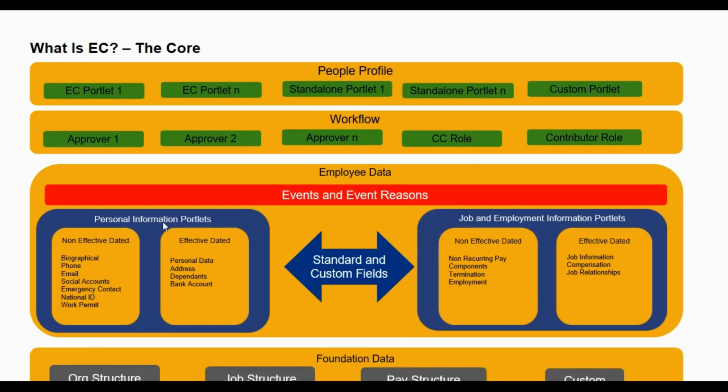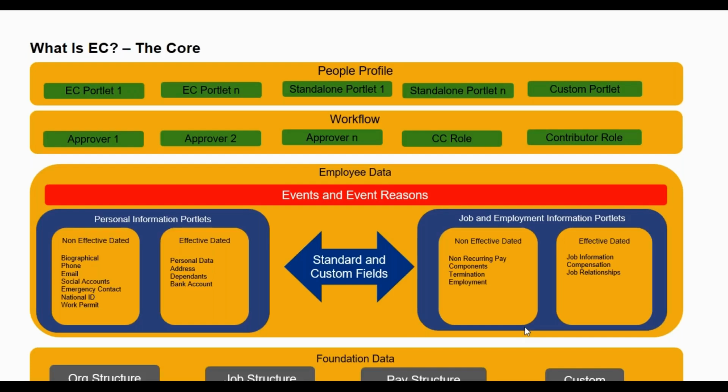That's your people profile. So people profile contains standard portlets. Now these are all standard portlets: biographical, phone, email, address, personal detail, job, compensation. So all of these are standard. If your customer wants to have some custom portlets like health details, medical history, or vaccination details, asset issue details, or uniform issue details, these are not available in the standard system.